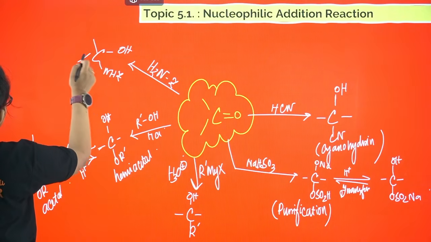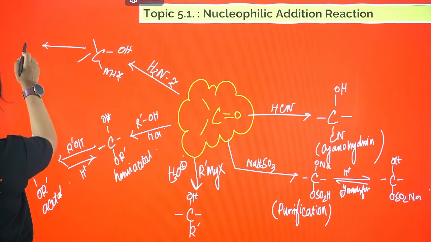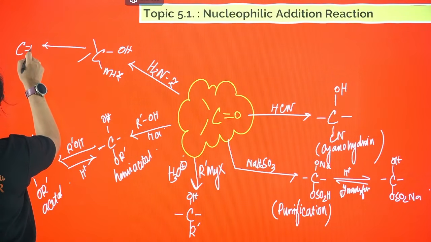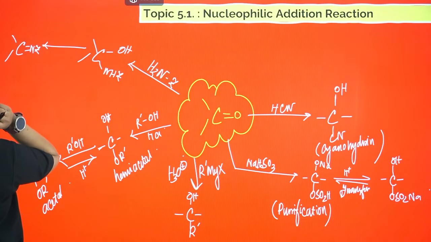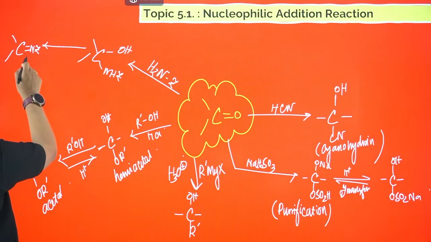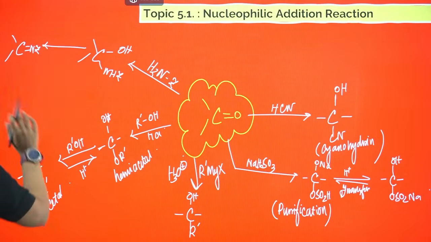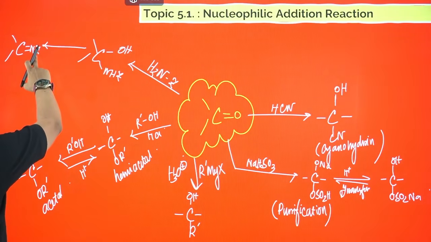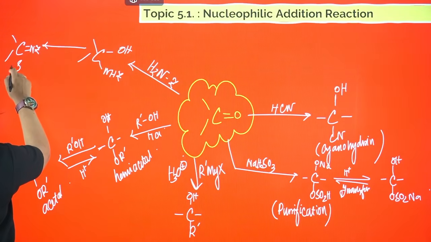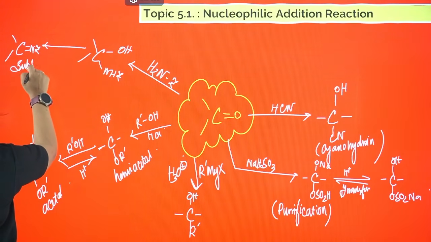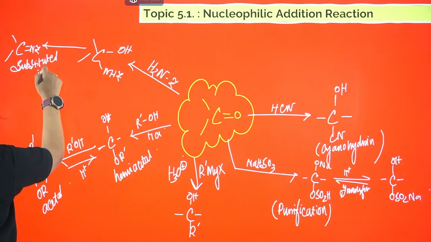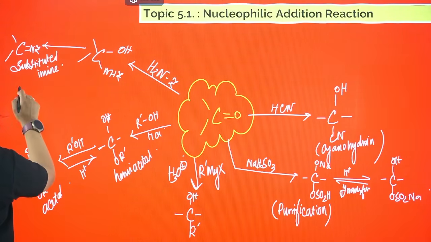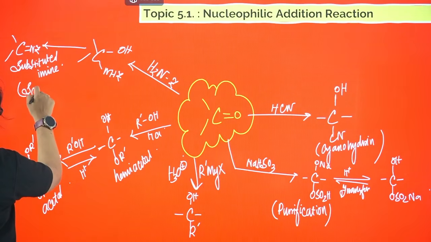Further, this will give you C double bond NZ. What is this? This is basically a substituted imine. C double bond NH is imine, but here in place of H you are having Z. So this is a substituted imine, or you can call it Schiff base.